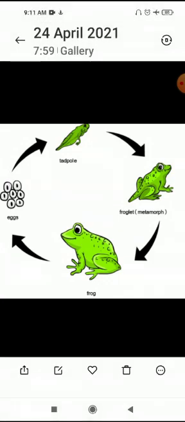Eggs transform into tadpole, then tadpole transforms into froglet. It is just similar to the mature frog, but it has a long tail in this picture, and this is called froglet. Froglet now transforms into a complete adult frog.